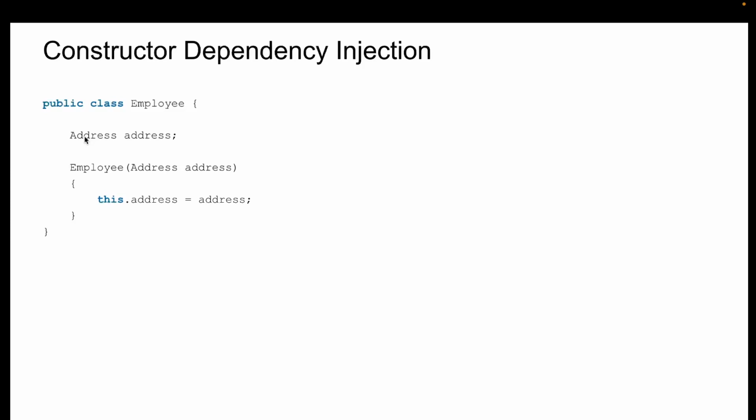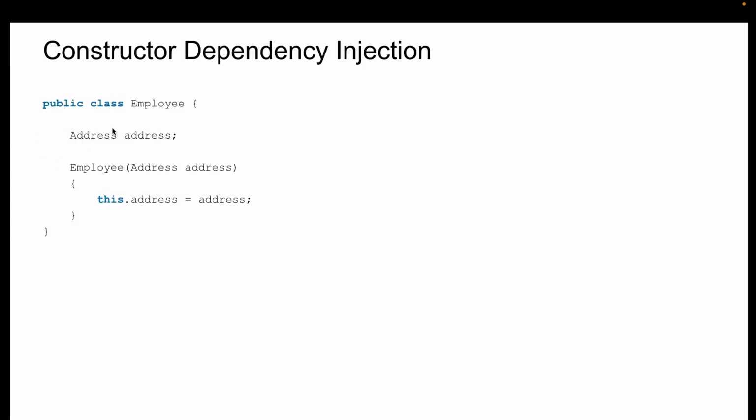So all these fields are in a class, and that class is named address. Now we want that entire class to be injected into the employee class. We can do it in two ways: constructor injection and setter dependency injection.